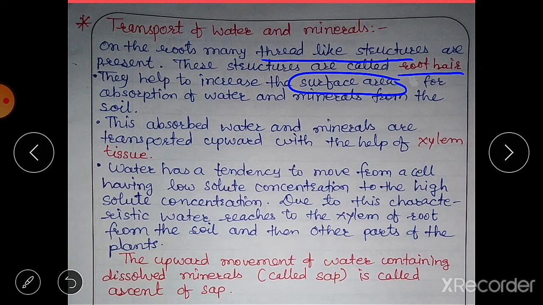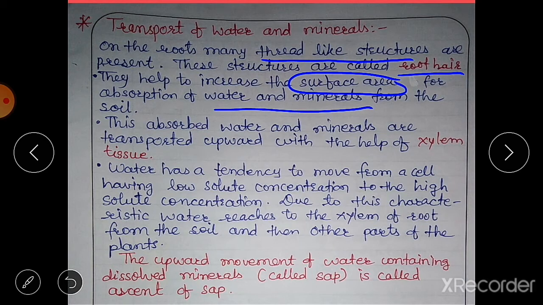The internal wall of the small intestine has villi, which increase the surface area for absorption of nutrients. In the same way, the hair-like structures on the roots also increase the surface area for absorption of water and minerals from the soil.